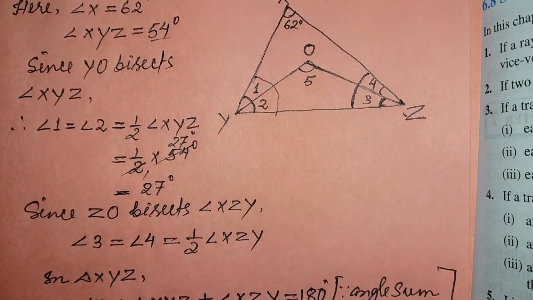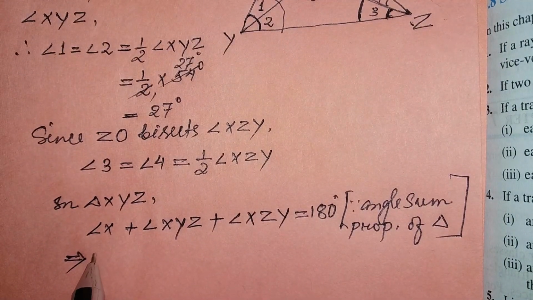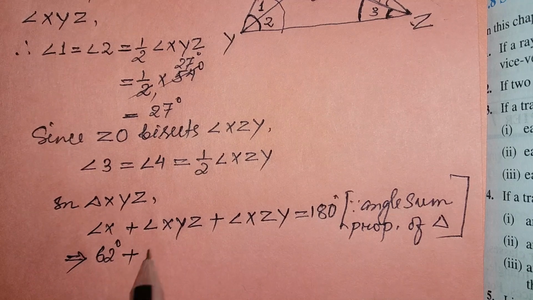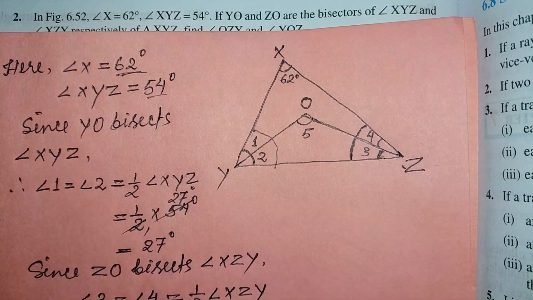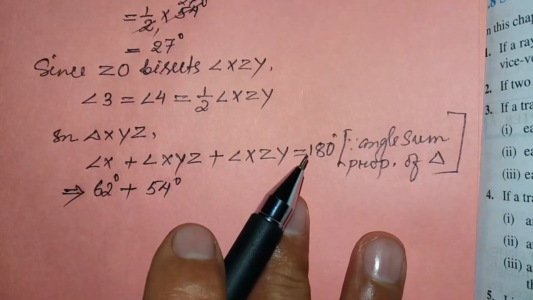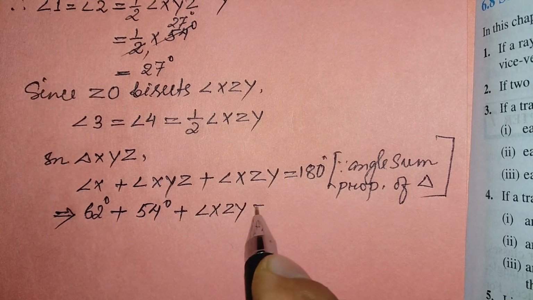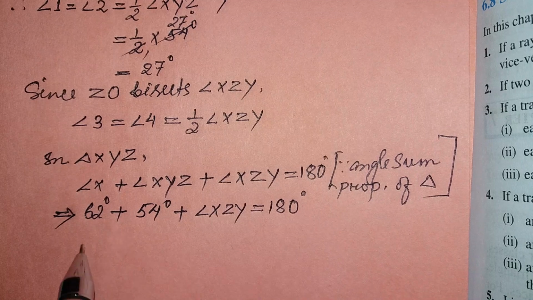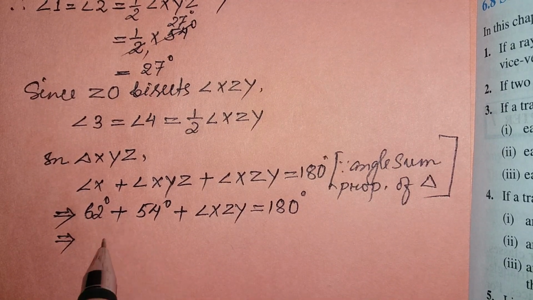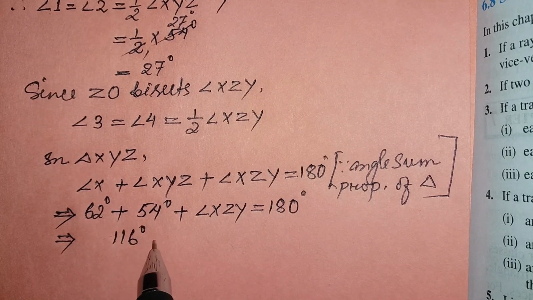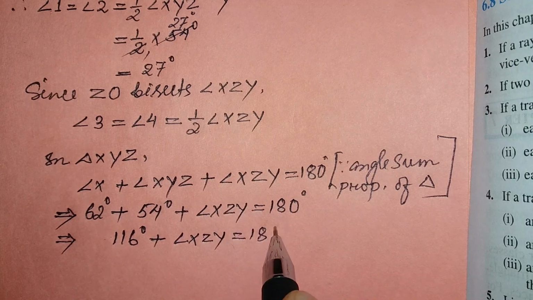Now angle X is 62 degrees plus angle XYZ is 54 degrees, as given, and angle XZY is equal to 180 degrees. Now 62 plus 54 is 116 degrees. 116 degrees plus angle XZY is equal to 180 degrees.